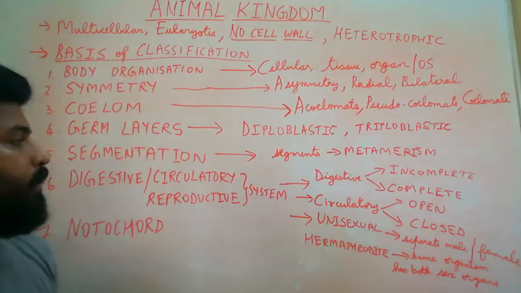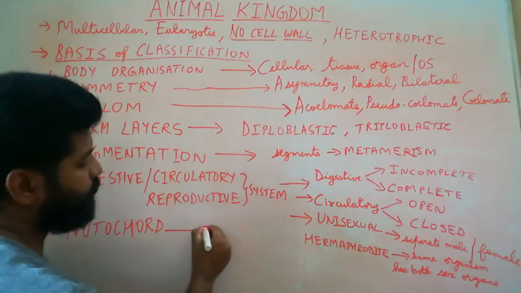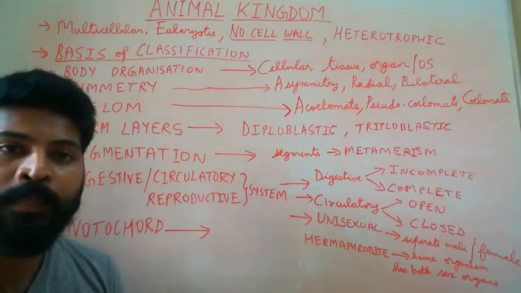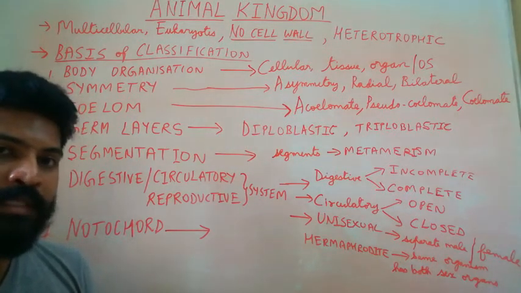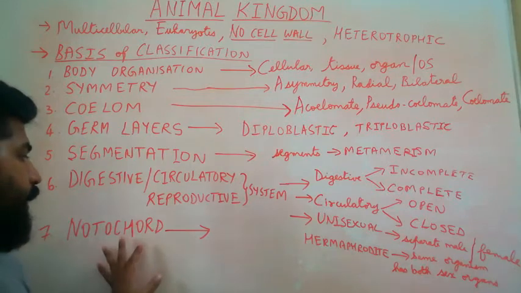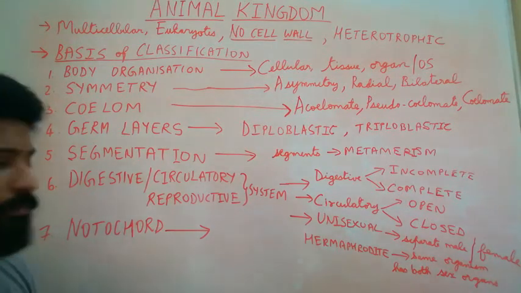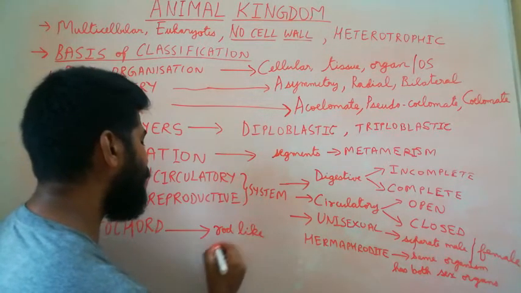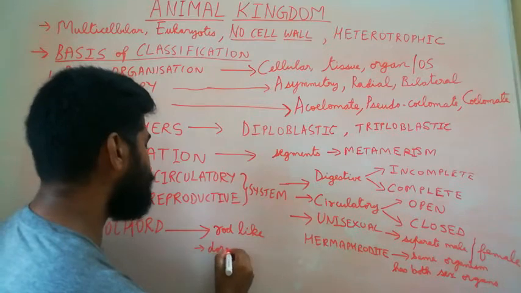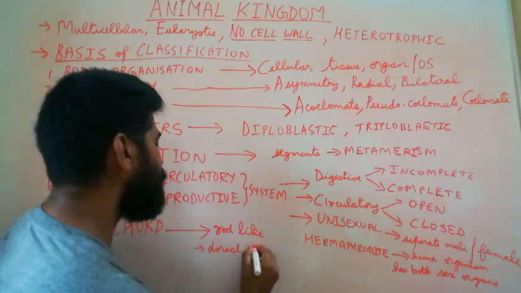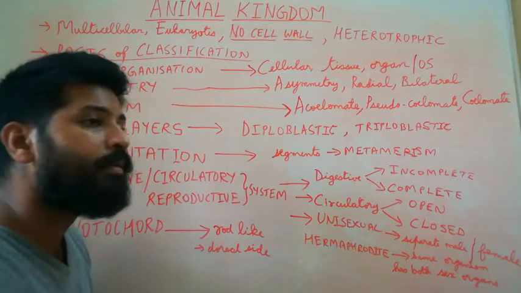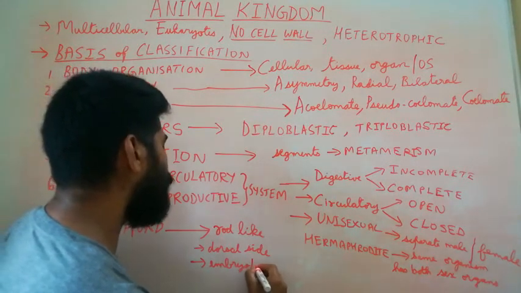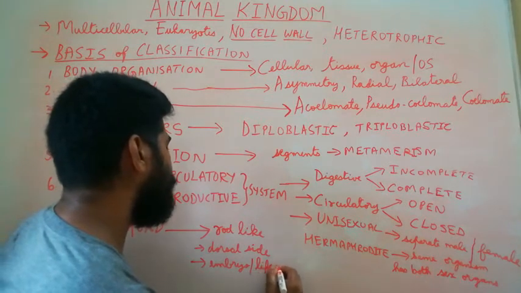Finally, one of the important criteria for classification of the entire animal kingdom is based on the presence of a notochord. A notochord is a rod-like structure that is seen on the dorsal side of organisms, either during embryo stage or throughout their lifetime.